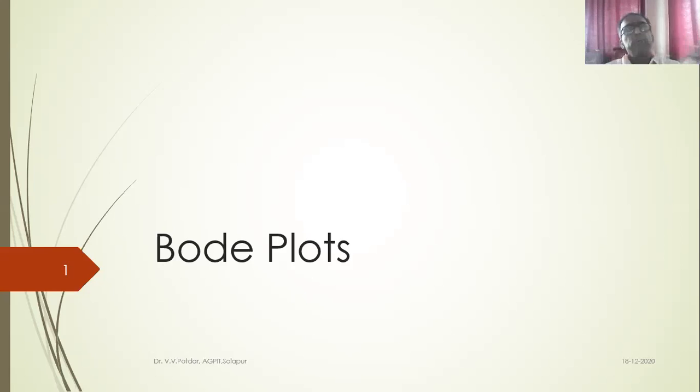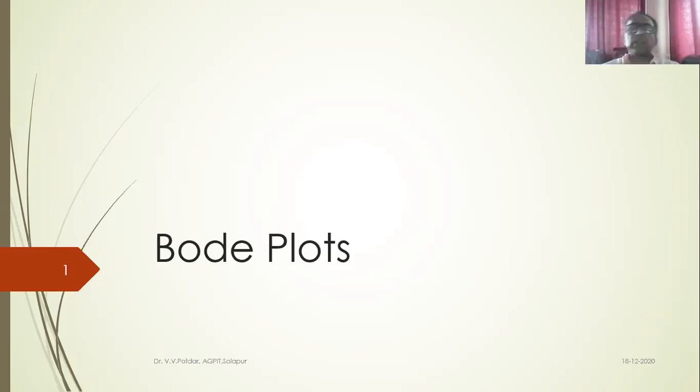Now there are a number of methods of frequency response analysis. Many scientists have worked out mathematical tools for predicting the system performance by using the frequency response method. A polar plot approach is there, a logarithmic plot approach is there, a Bode plot approach is there, and even root locus techniques are used.